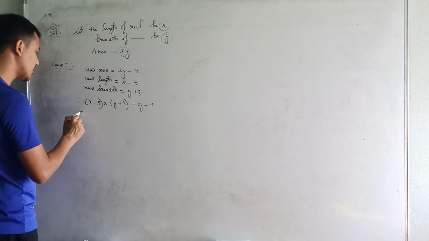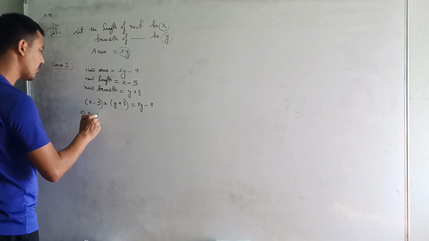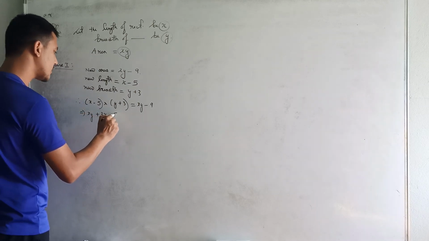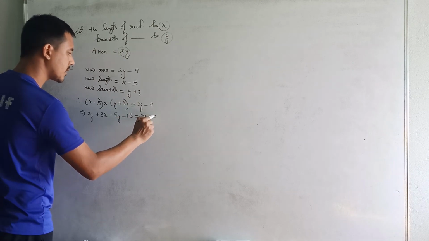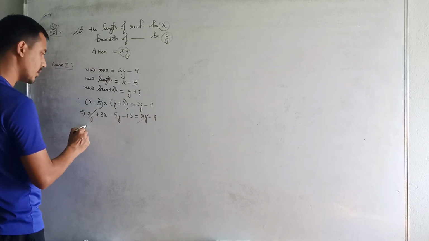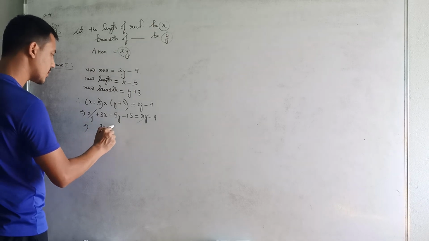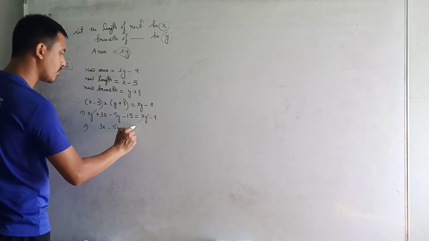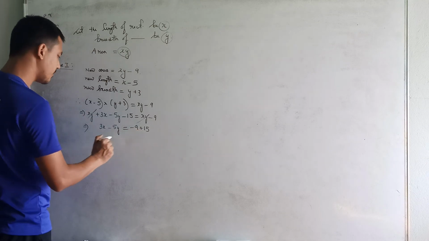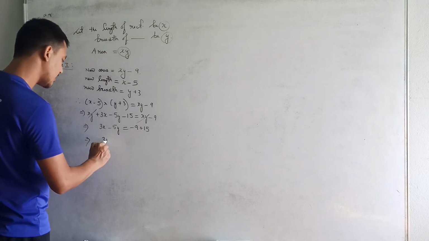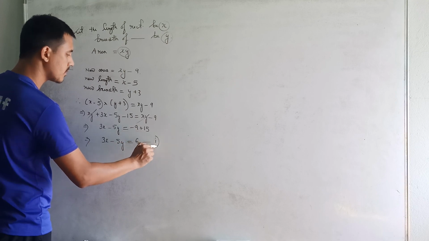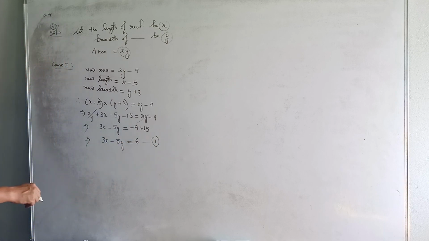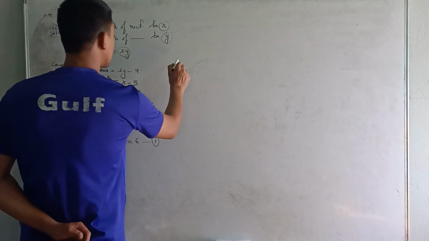Let's simplify this one. xy plus 3x minus 5y minus 15 is equal to xy minus 9. xy cancels on both sides. So 3x minus 5y is equal to minus 9 plus 15. So this implies 3x minus 5y is equal to 6. Is it correct?